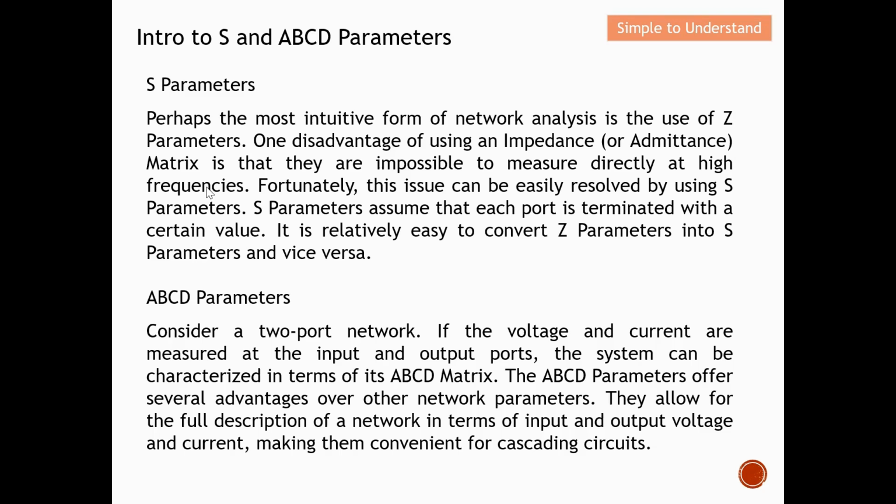Most of the time, Z parameters or Y parameters are only utilized at DC value. DC means low frequency. This form of matrix is basically not able to be measured directly, especially at higher frequency. Fortunately, this issue can be easily resolved by using S parameters. When we utilize S parameters, we can measure directly at high frequency.